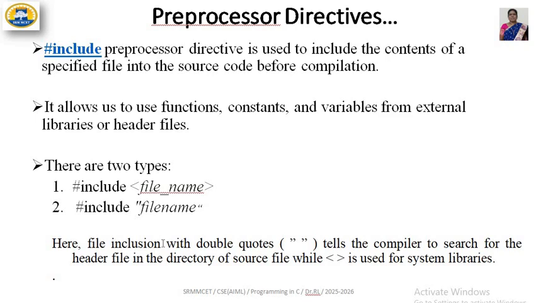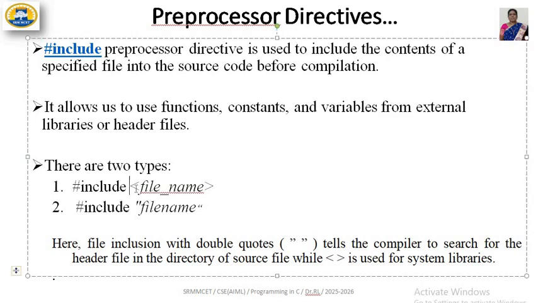The first one is #include with angle brackets and file name, and another format is #include with the file name within quotes. The file inclusion with double quotes tells the compiler to search for the header file in the directory of the source file, while the include within angle brackets is used for system libraries.